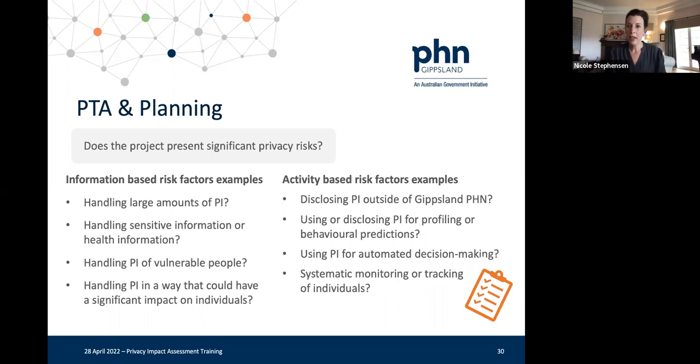Are you going to use any of that personal information for automated decision making relating to the individuals that you are asking to come to the corporate campus and engage with you using that free Wi-Fi service? Or will there be any sort of monitoring or tracking of those community members down the track? So these are some risk factors that you can keep in mind at this very, very early stage of project planning to help you inform what you're going to do in terms of privacy and where those risks might be.